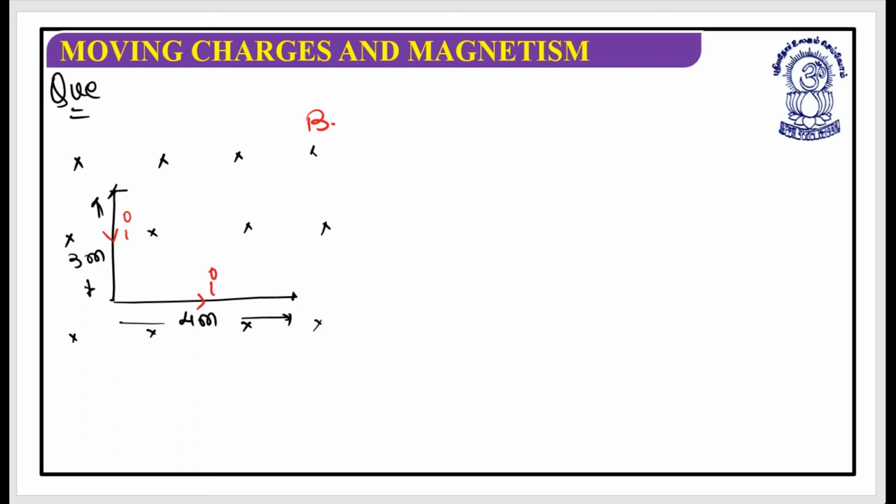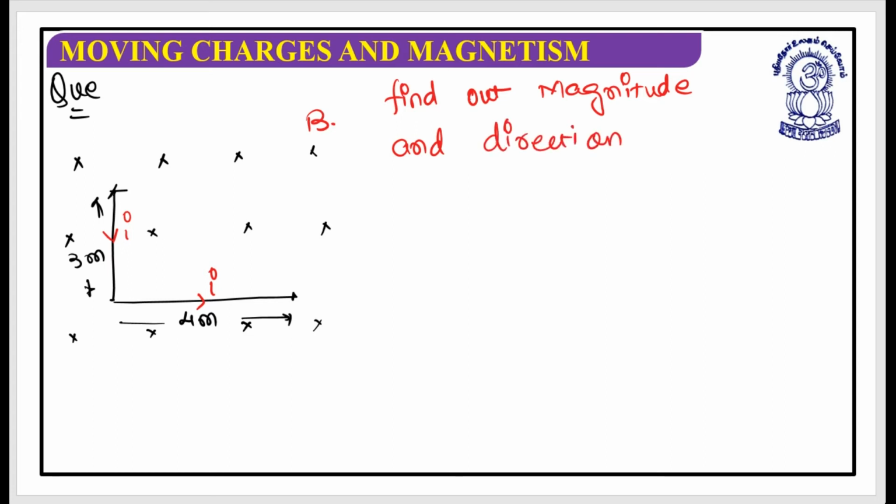This is magnetic field B. What I want to find out is the magnitude and direction of magnetic force.